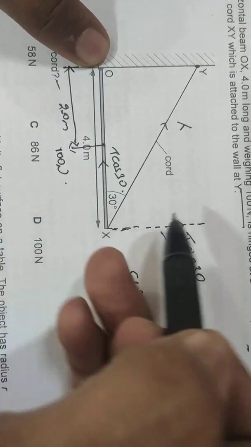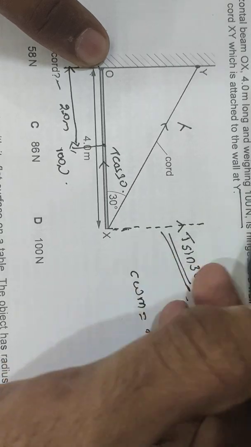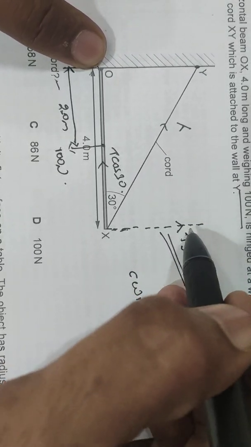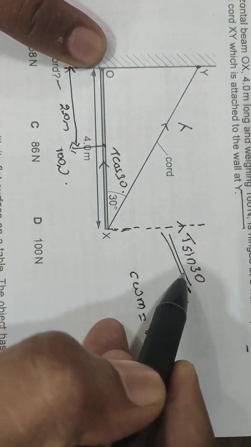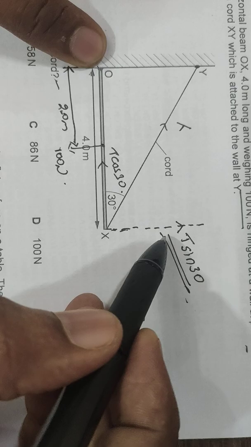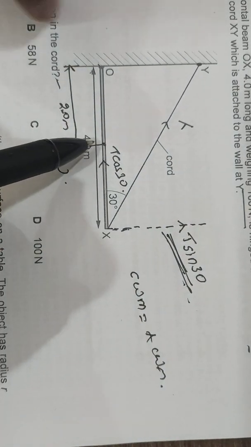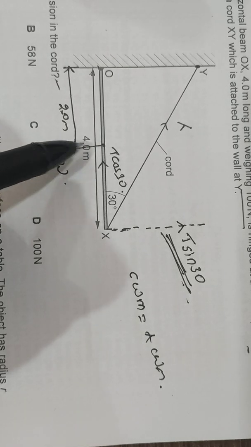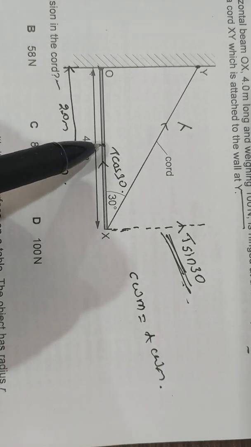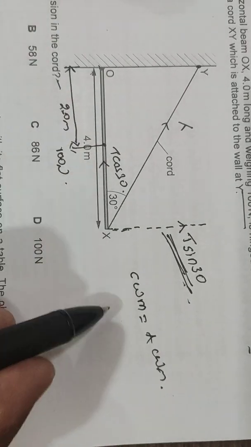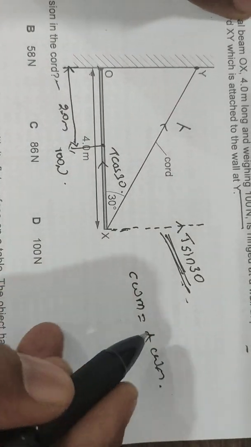When you pull the beam in the shown direction, which is upwards, the beam moves in the anti-clockwise direction. That's why this T sine 30 produces anti-clockwise moments, and this 100 newton force, which is the weight, acts downwards, which means that it is producing the clockwise moments. So the clockwise moments are equal to the anti-clockwise moments.